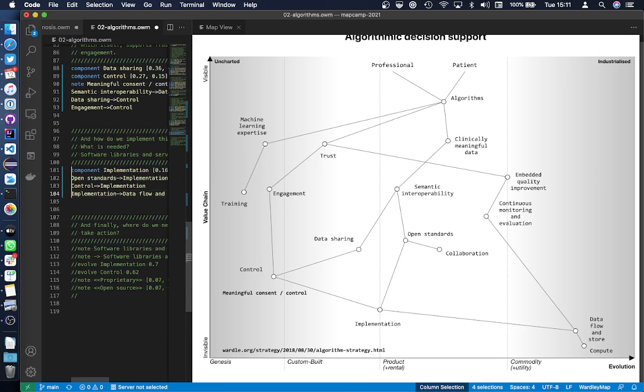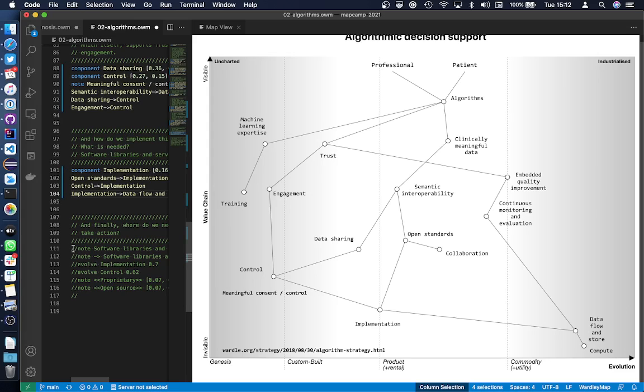And finally, implementation of open standards, so how we mark up and record and store and process data that's clinically meaningful needs to have open implementations.